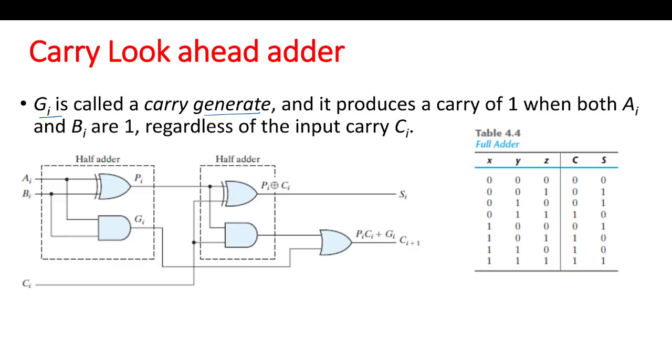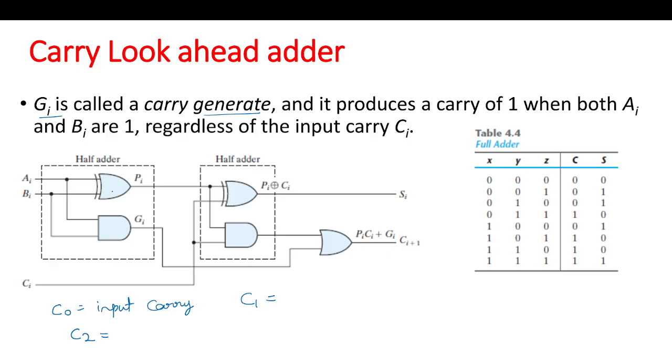The main idea of the carry lookahead adder is: can we generate the carry without waiting? Our aim is, can we have C0 which is the input carry, and can I have C1 without the term of C0? C0 is anyway fine, but C2 without the term of C1.